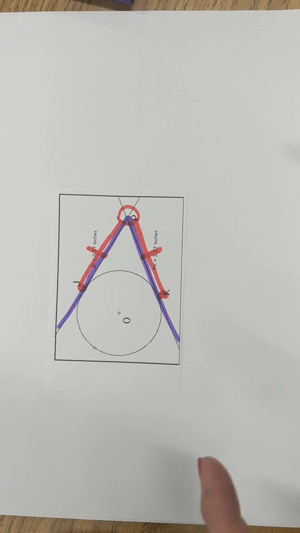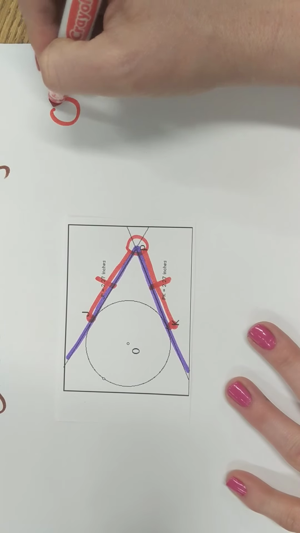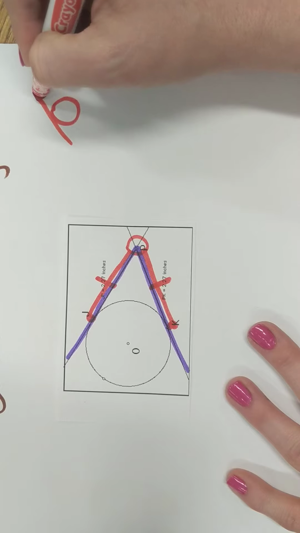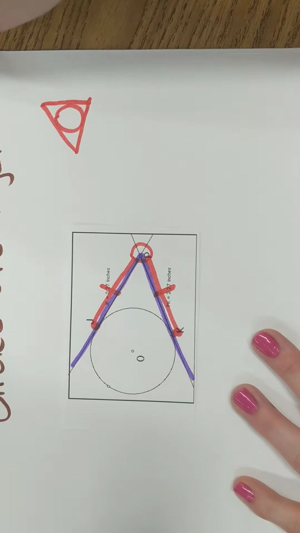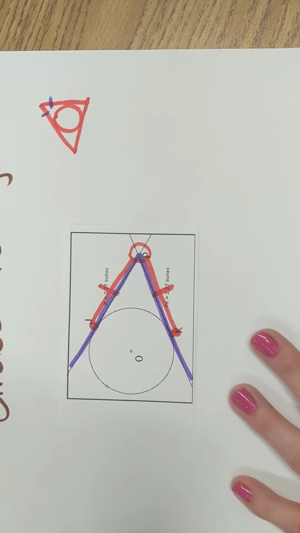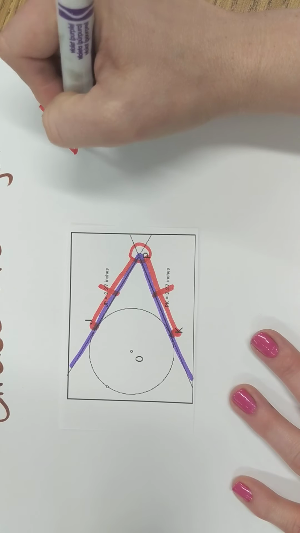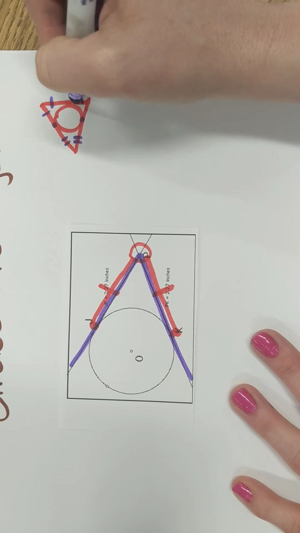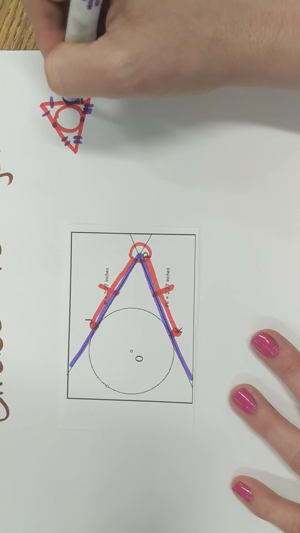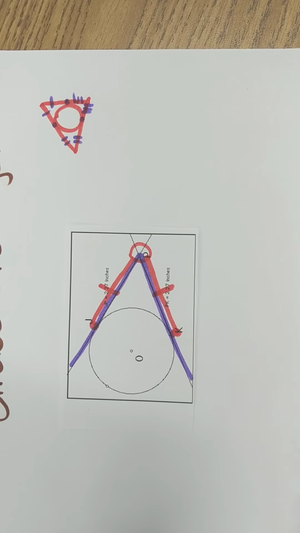Okay, and this is good for those problems where you have a circle inside of a shape like this. So you would know that this part equals that part, this part equals that part, and this part equals this part.